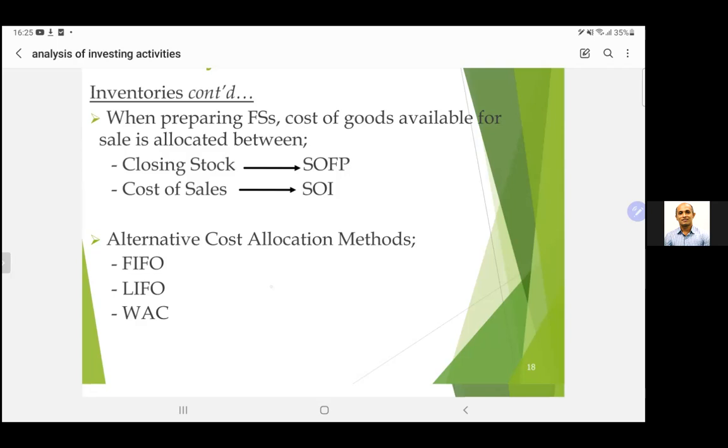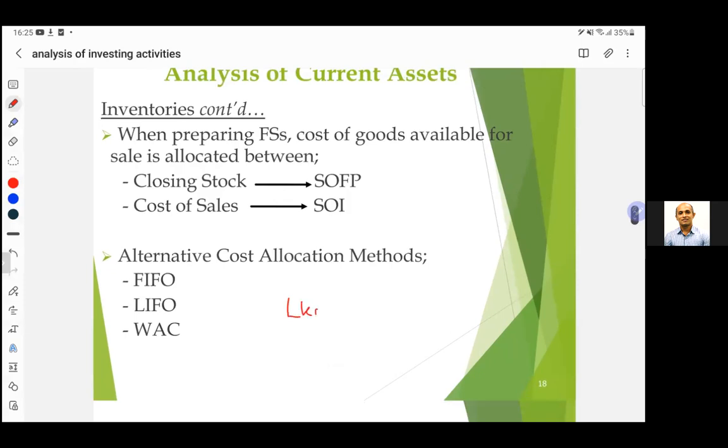According to LKAS 2, in the Sri Lankan context, we can apply FIFO or WAC.